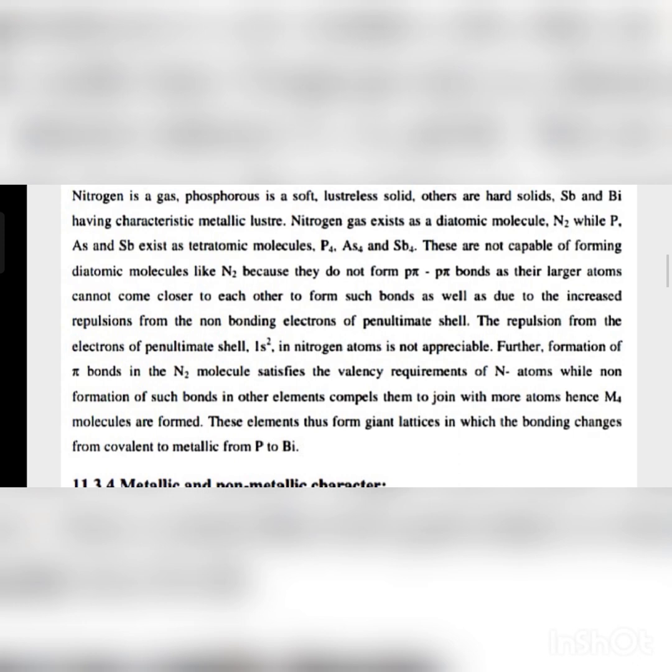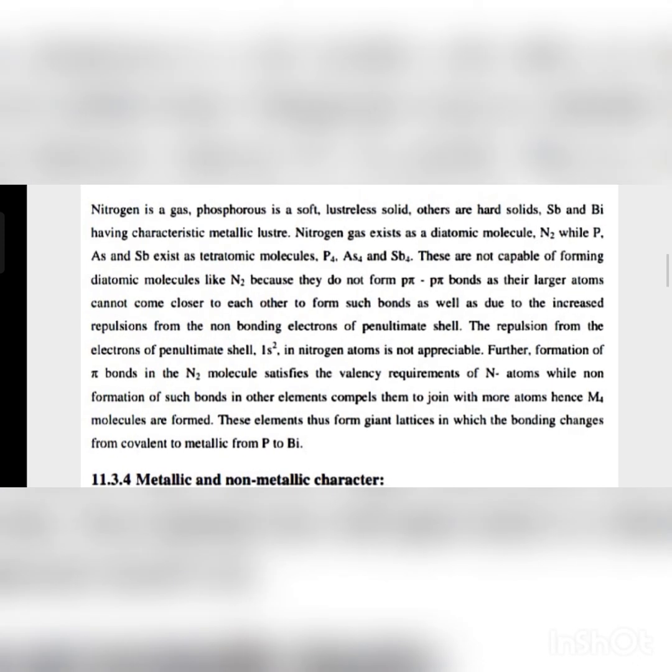Hence M4 molecules are formed. These elements thus form giant lattices in which the bonding changes from covalent to metallic from phosphorus to bismuth.